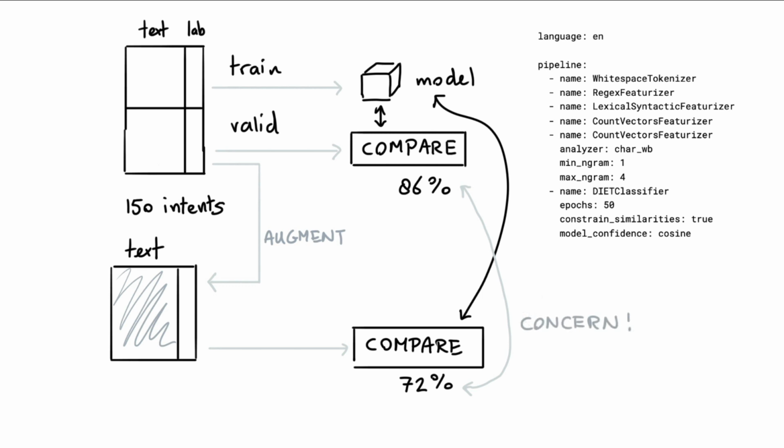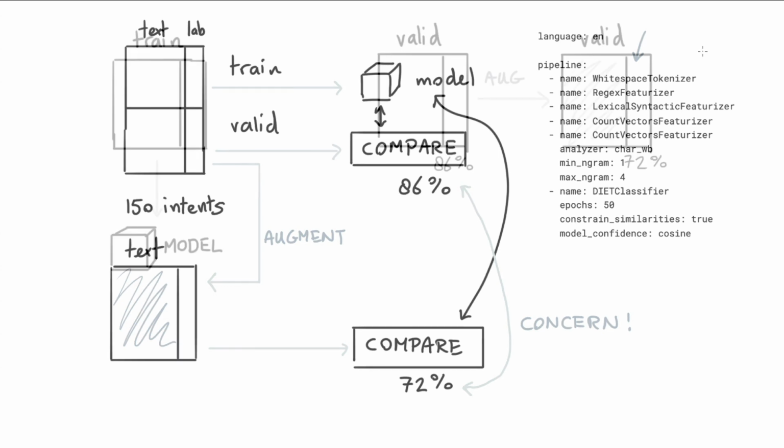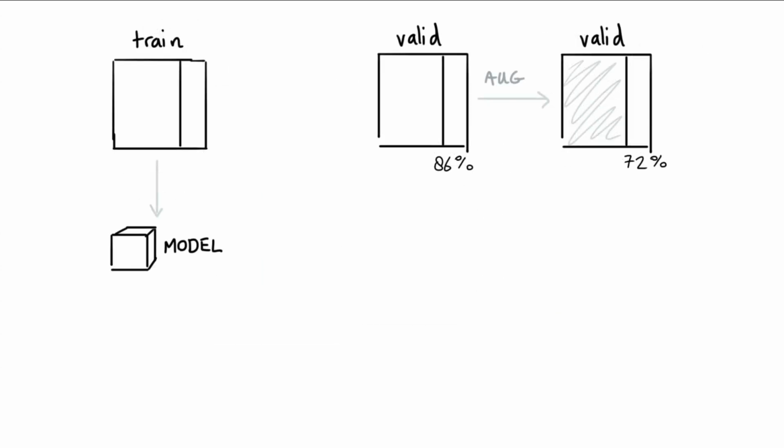And there's a couple of things that we might want to do. We might want to tweak some of our parameters inside of our pipeline over here. But what I would like to propose is that maybe we start thinking about the typo problem in a slightly different way. So let's reconsider the problem that we have. We have our train data, we train our model, and then we notice that if we let it loose on our validation data set, we get a score, but it performs worse when we augment that data.